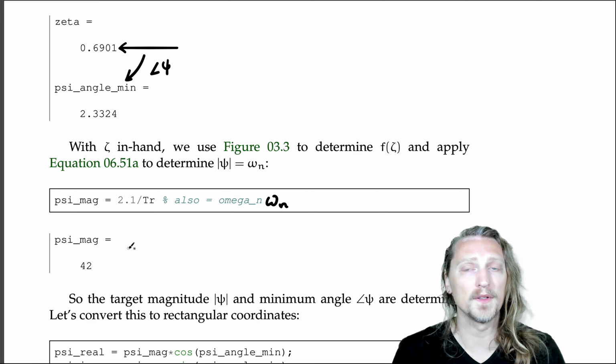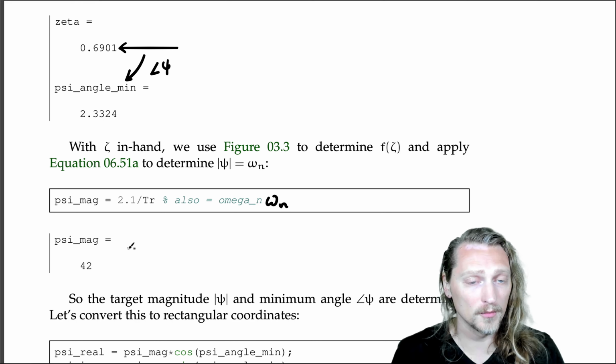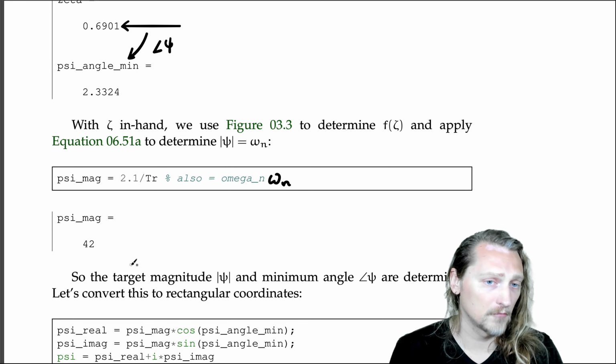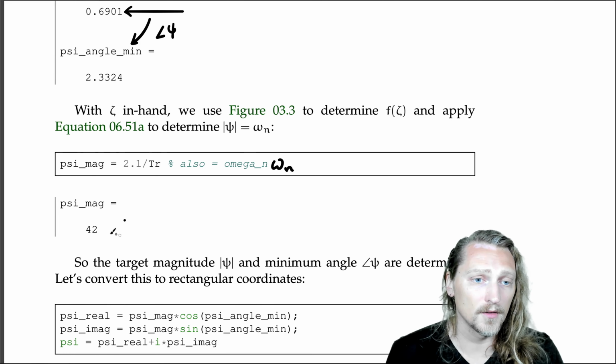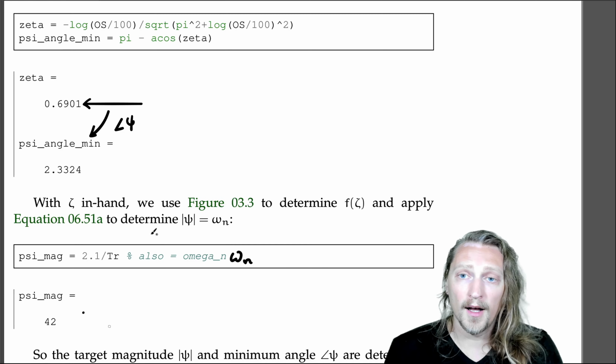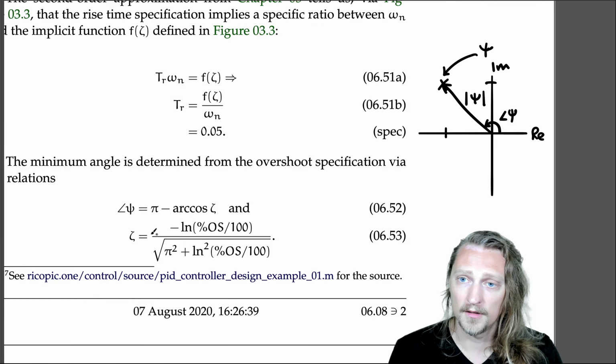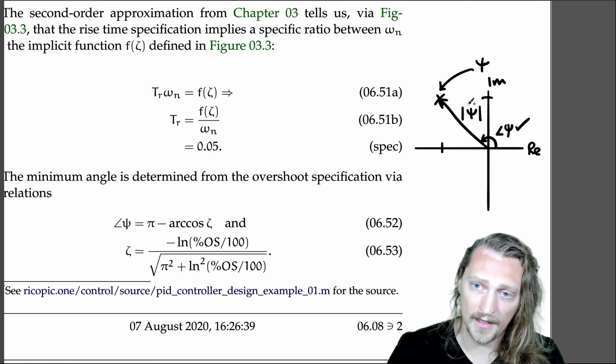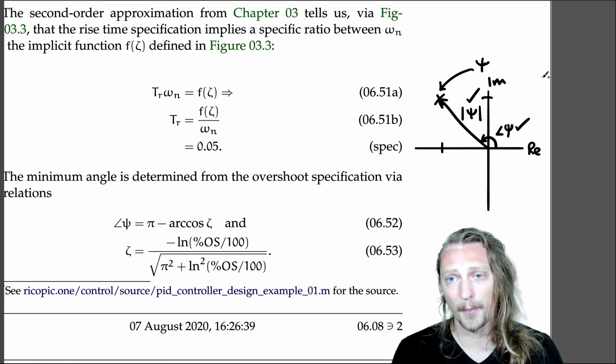So we said psi magnitude, because that's what we're interested in. The natural frequency is equal to that psi magnitude. So 42 is what it came out to be. So now we've got the angle given. We already computed that in the previous step. And now we have the magnitude given.